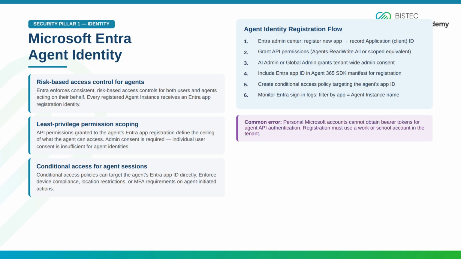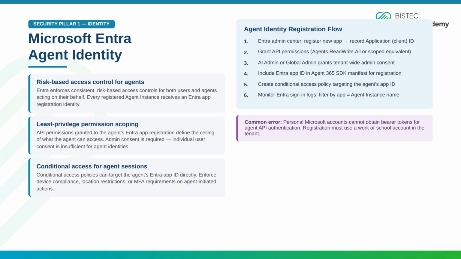Register a new app in Entra Admin Center and record the application client ID. Grant API permissions, Agents Read-write All or a more scoped equivalent. Have an AI admin or global admin grant tenant-wide admin consent. Include the Entra app ID in the Agent 365 SDK manifest for registration.